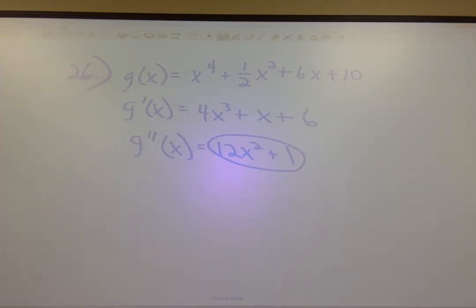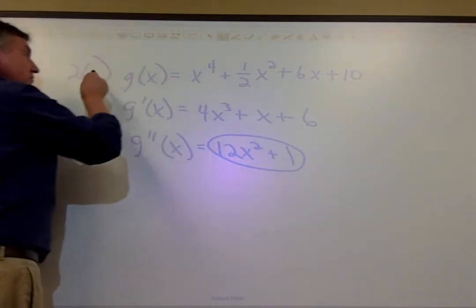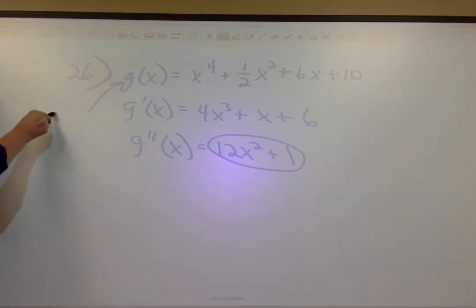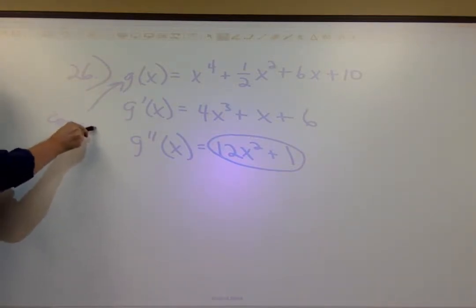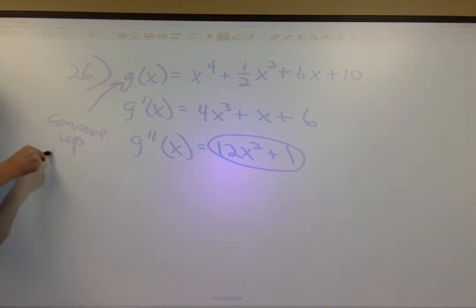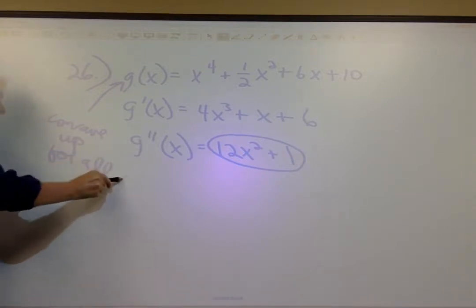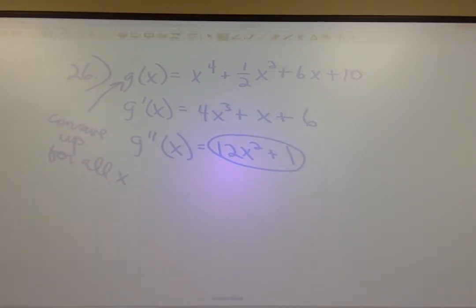If I put in 0, a negative number, or a positive for x, if I put it in there and work it out, it's always 1 or above. Like you're squaring x. So that means this function is concave up for all x. And you could prove that by graphing. It's concave up everywhere. And that's what they want you to show.